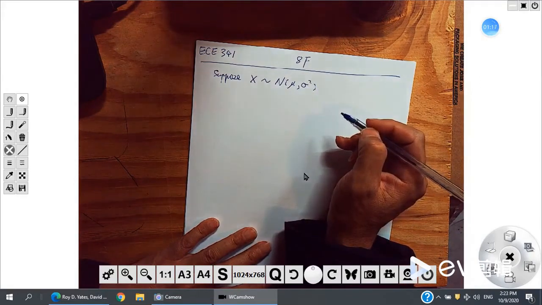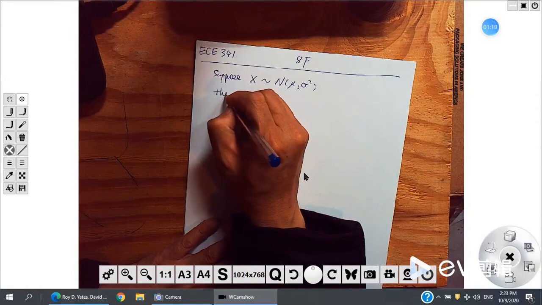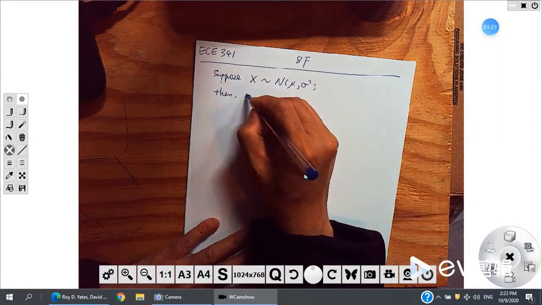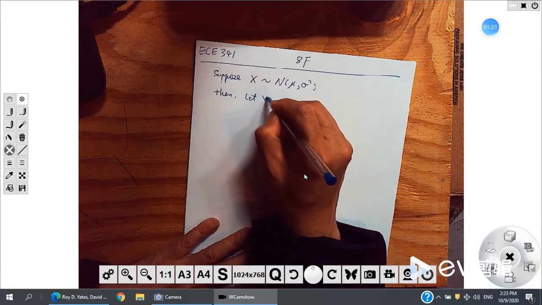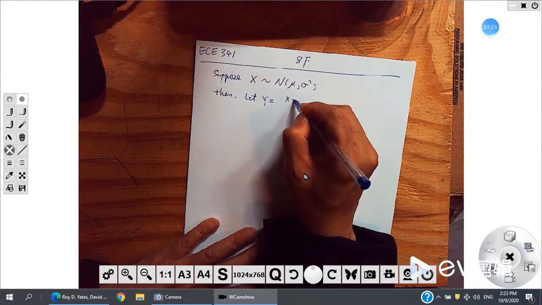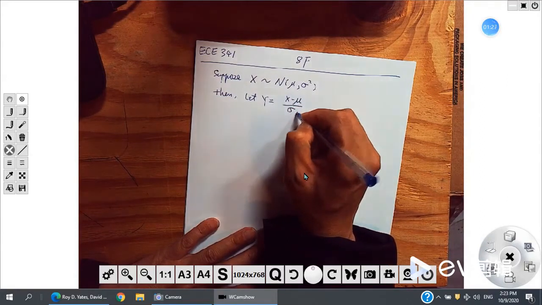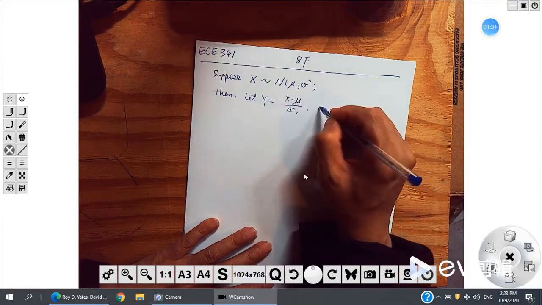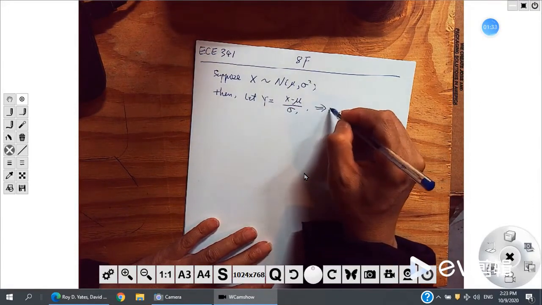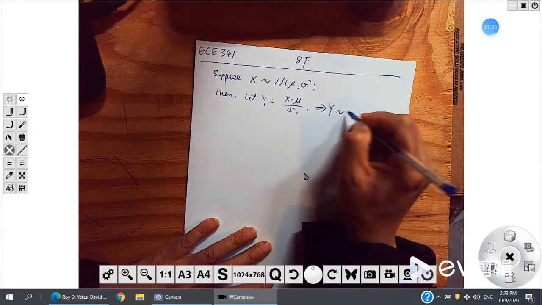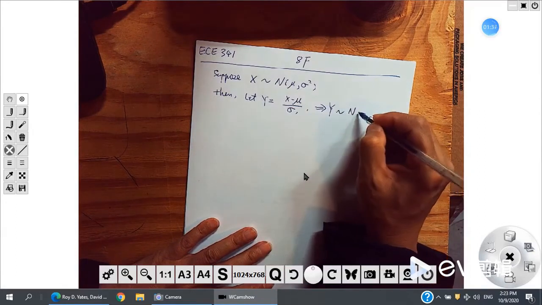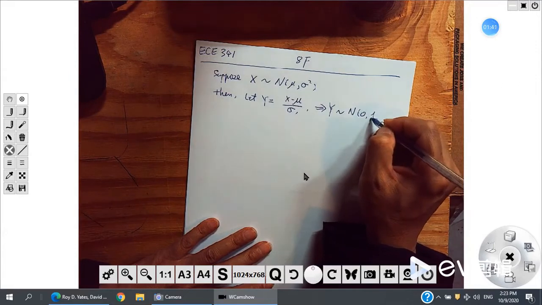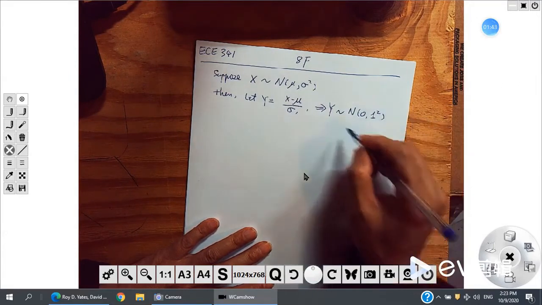Then let Y equal to (X minus mu) over sigma. Now we have Y obey the standard normal distribution.